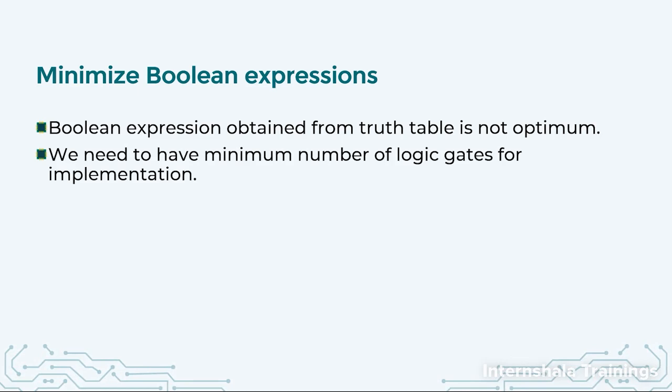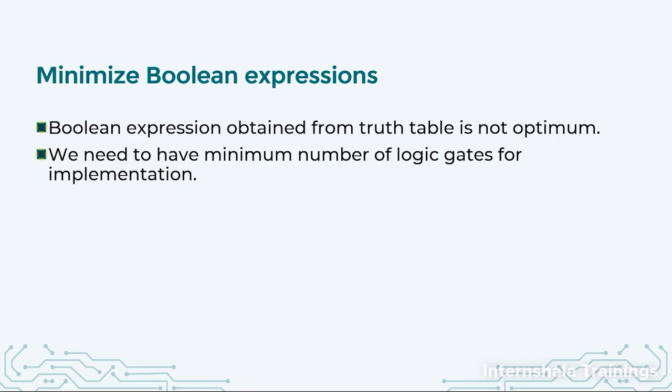So if there are more literals, that means more variables and more dot and plus signs in your expression, we are going to consume more logic gates. So our aim is always to have an optimum Boolean expression, so we need to have the minimum number of logic gates.